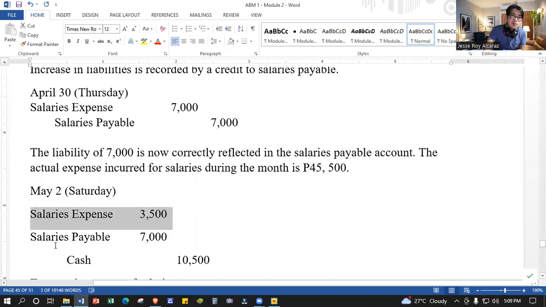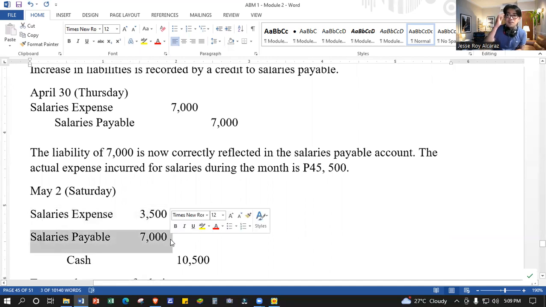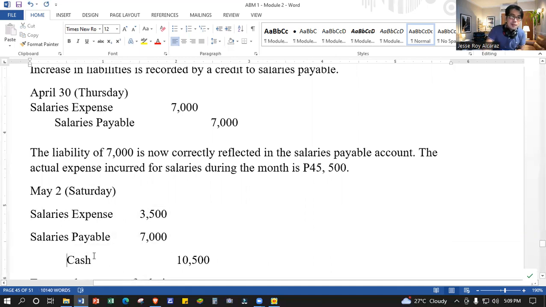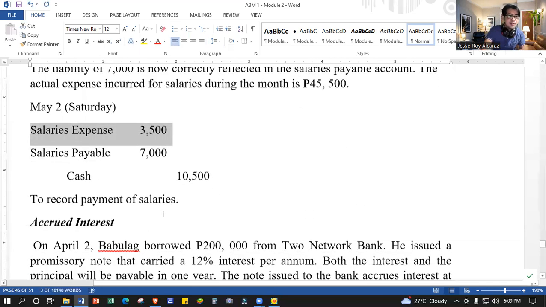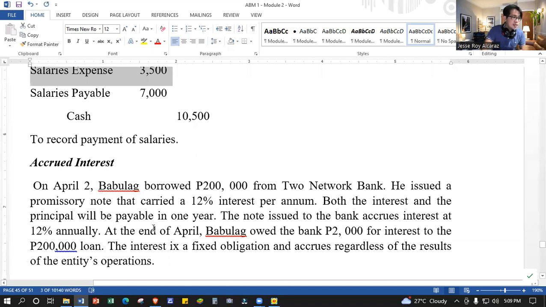We will also be reducing the salaries payable because we will be paying on this day. Therefore, on May 2, we will pay a total of 10,500 good for 6 days. But these 6 days are divided into 4 days for April and 2 days for the month of May, making our records accurate. This is the record of payment of salaries.